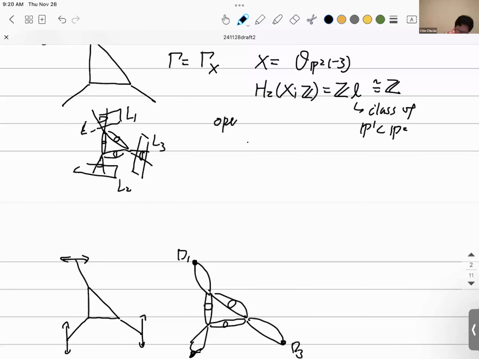So we have open Gromov-Witten invariants. These will depend on genus and relative degree.